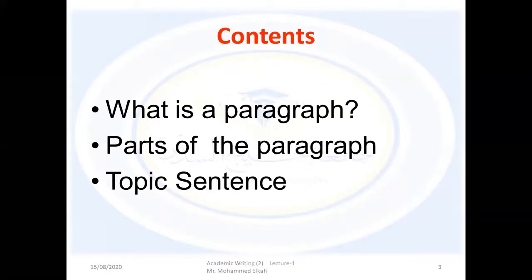We have also the parts of the paragraph, and we are going to know the different parts: topic sentence, body sentences, and concluding sentence. In this lecture, we will focus on the topic sentence.